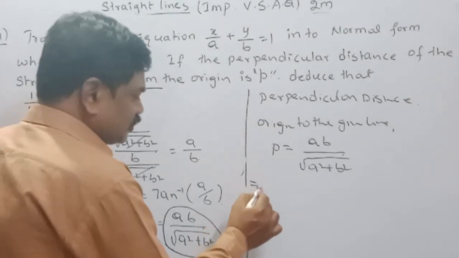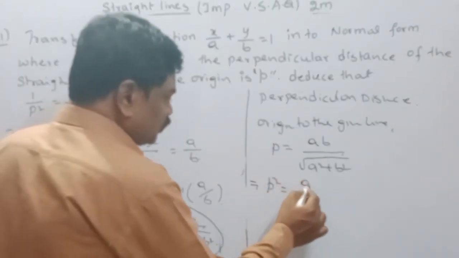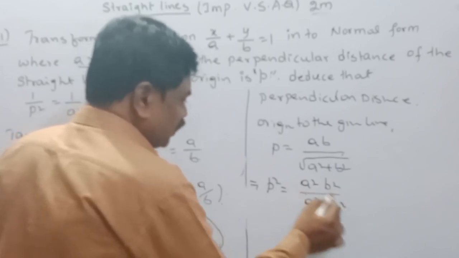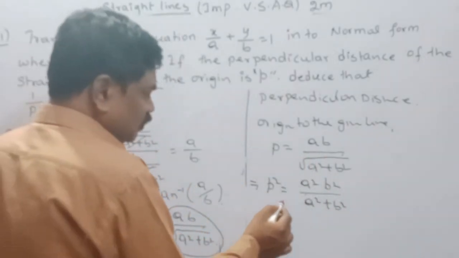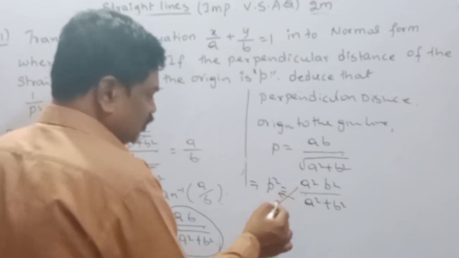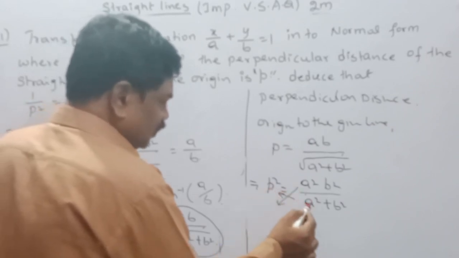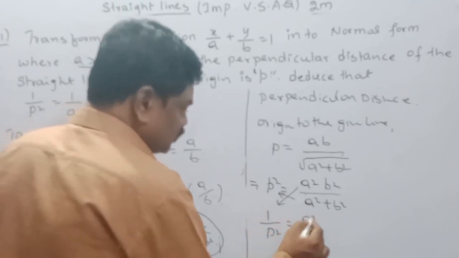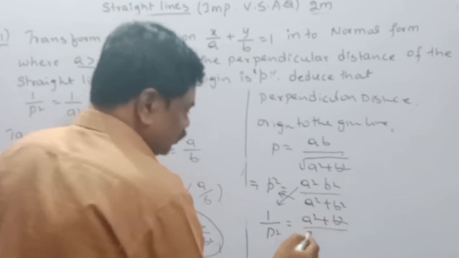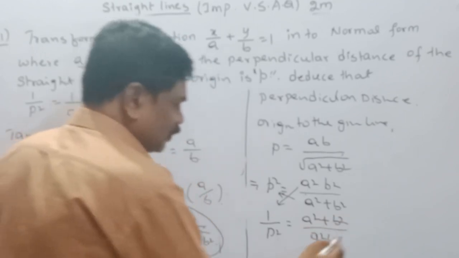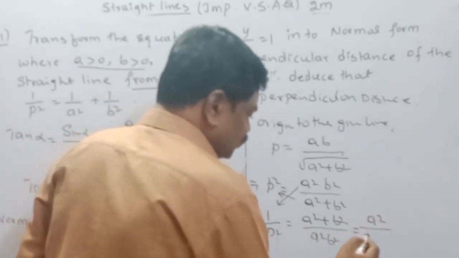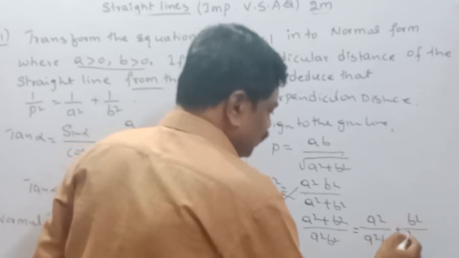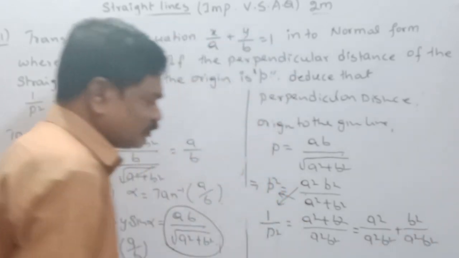Square on both sides. p square is equal to a square b square by a square plus b square, the square root cancels. So by cross multiplication, you can take this to this side: 1 by p square is equal to a square plus b square by a square b square, which is equal to a square by a square b square plus b square by a square b square. Okay, all of you.